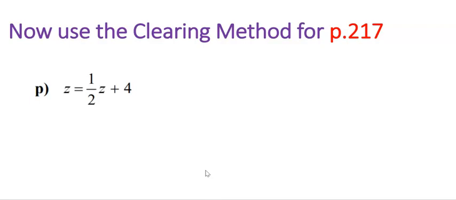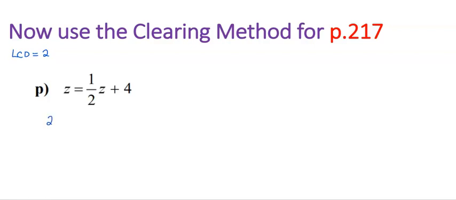Now that we know the clearing method, we can do things differently if we want to. We can see that I have a fraction, right? We have half z. And it's only one fraction, which means that its denominator is the lowest common denominator. And that means we can multiply each term by 2, therefore clearing the fraction.